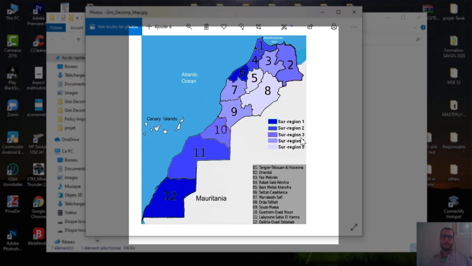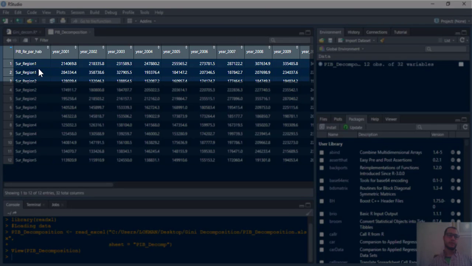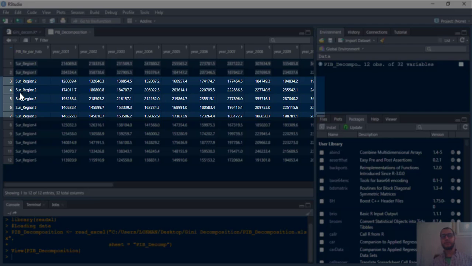So this regional map, I converted this regional map to data. Here is the data of third region 1, and here is the data of the third region 2.